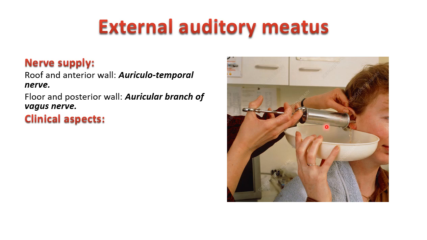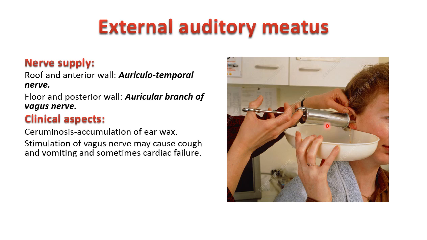And as I told you, warm water is used because if you use cold water, it might stimulate the auricular branch of the vagus nerve, and that might lead to coughing or vomiting, which is most commonly seen in elderly patients. If the vagus nerve is stimulated too much, which is parasympathetic to the heart, it will decrease the heart rate, and in very rare cases even heart failure can occur.